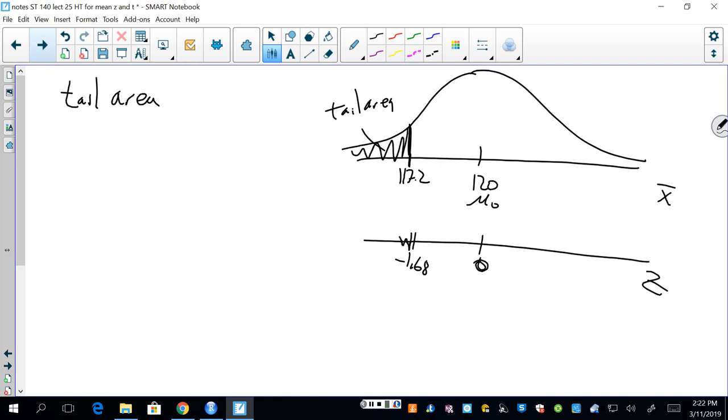So the probability that a standard normal is less than our negative 1.68, which is our z statistic that we calculated from the previous. What's the chance we're less than negative 1.68?